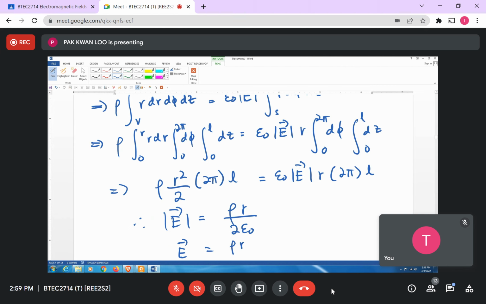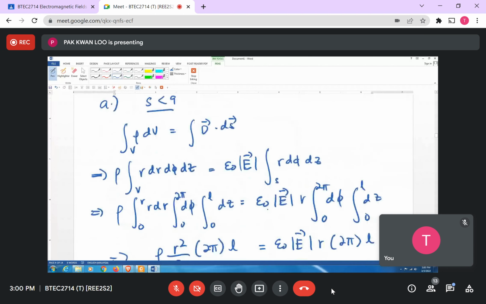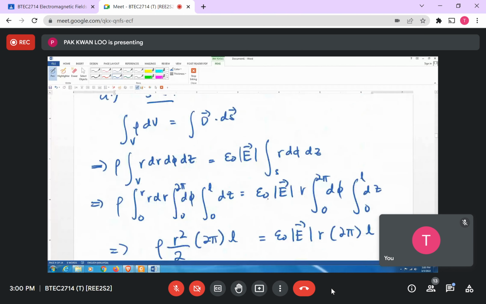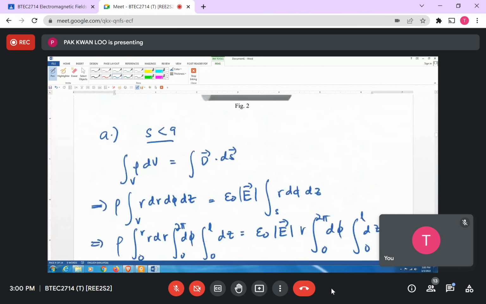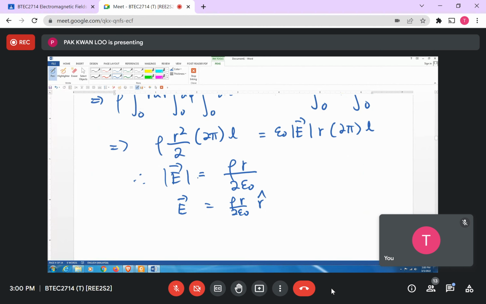So this is rho s over 2 epsilon, with the direction radial. Remember this is the radial direction for a cylinder. I should use s, I shouldn't use r. Sorry. Okay, so that's it.